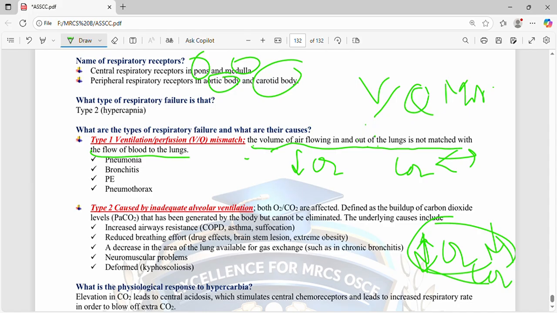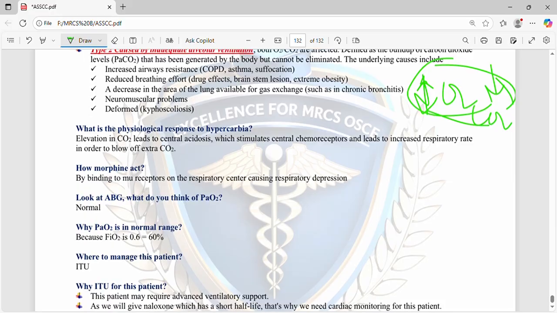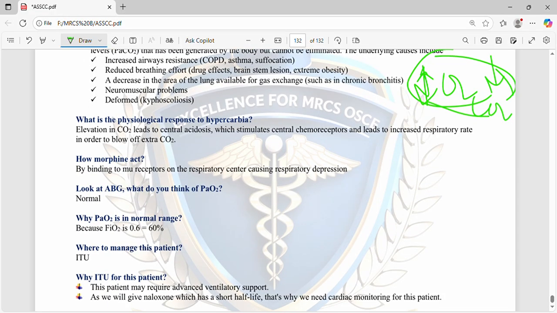The underlying causes include increased airway resistance, COPD, asthma, suffocation, reduced breathing effort, drug effects, brainstem lesion, extreme obesity, a decrease in the area of the lung available for gas exchange such as chronic bronchitis, neuromuscular problems, and deformed chest shape problems such as kyphoscoliosis.